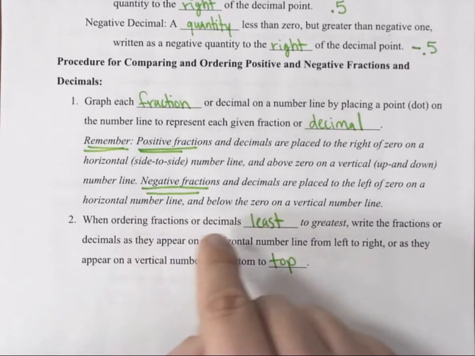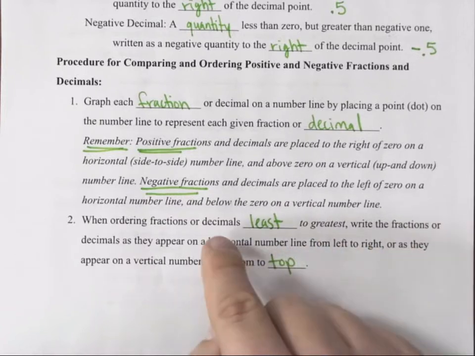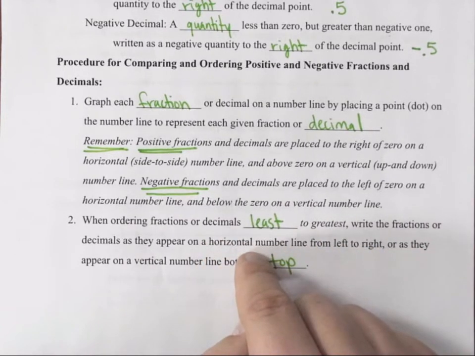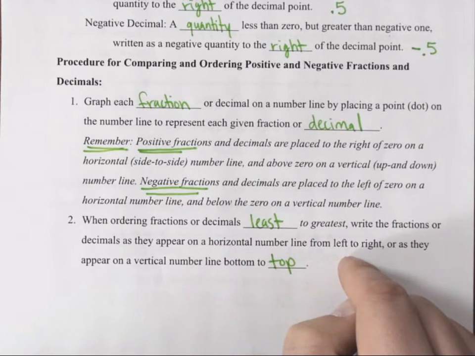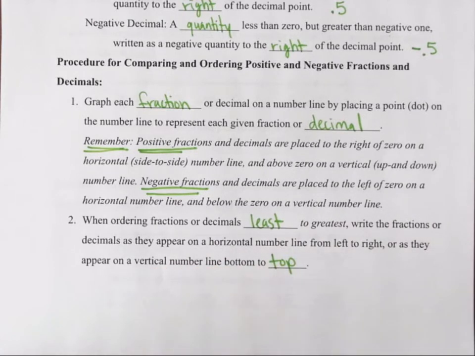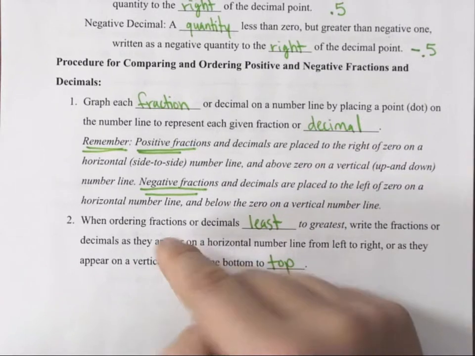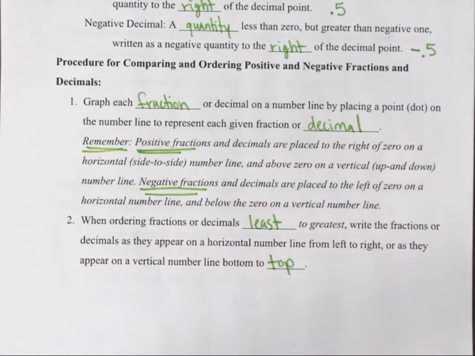When ordering fractions or decimals, least to greatest, write the fractions or decimals as they appear on a number line from left to right, or as they appear from bottom to top on a vertical number line. So we've already talked about that before. Even with decimals or fractions, least to greatest is still going to be starting on the left side, moving to the right side. That's going to be least to greatest.